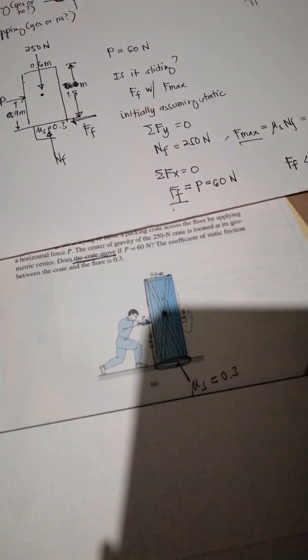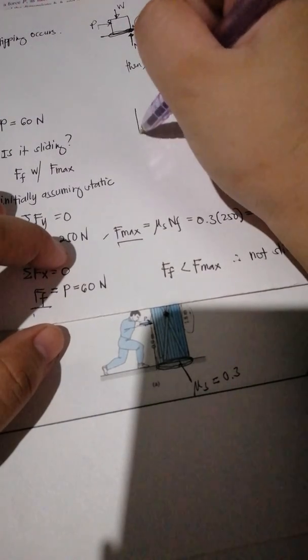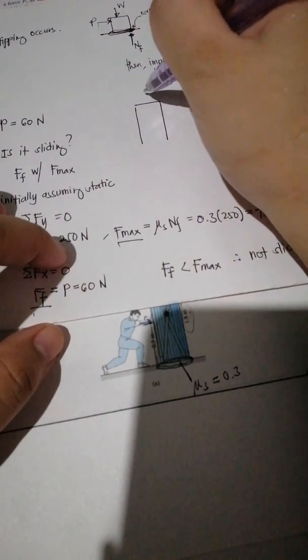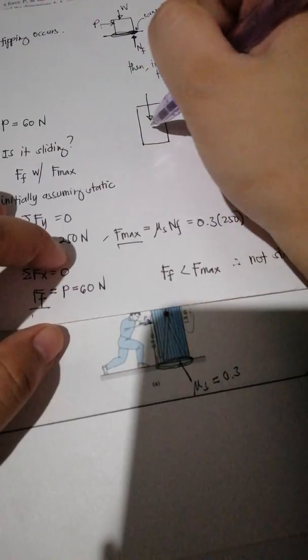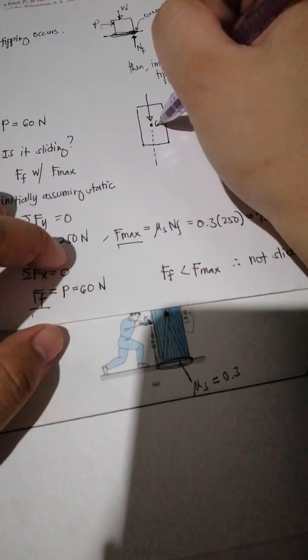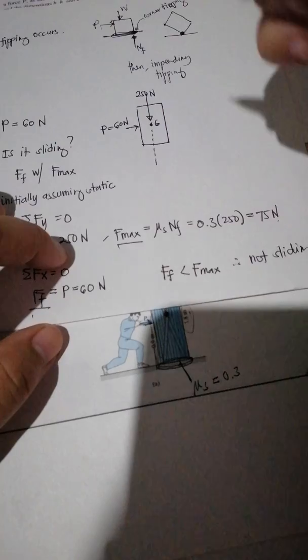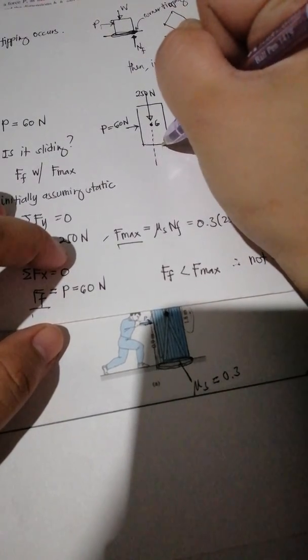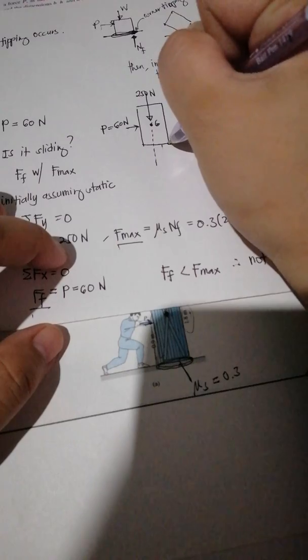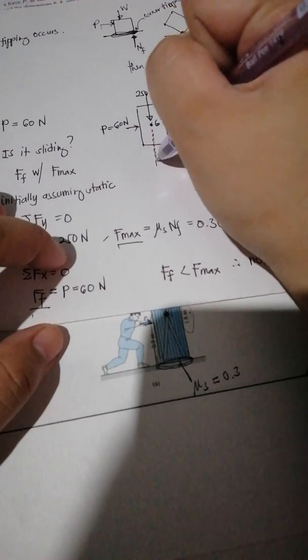Okay, next, is it tipping? There's also a possibility that it's tipping. So now, this is when we consider the tipping corner. Okay, this is the center of gravity of the crate. That's 250 newtons. This is 60 newtons, P. Okay, let's just assume that the normal force is somewhere in between the tipping corner, so let's say the tipping corner is point A, and the centroidal y-axis of the crate.